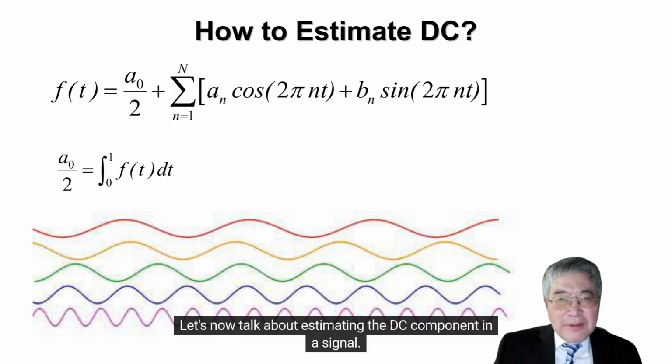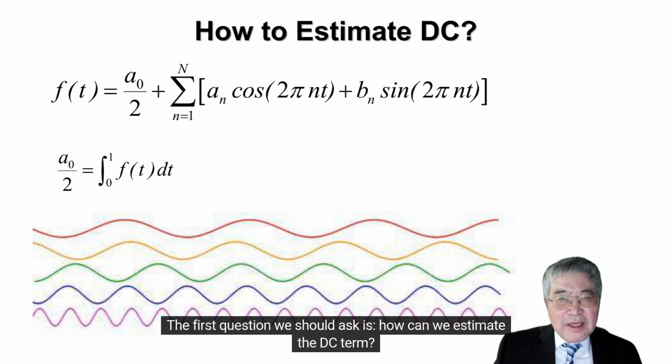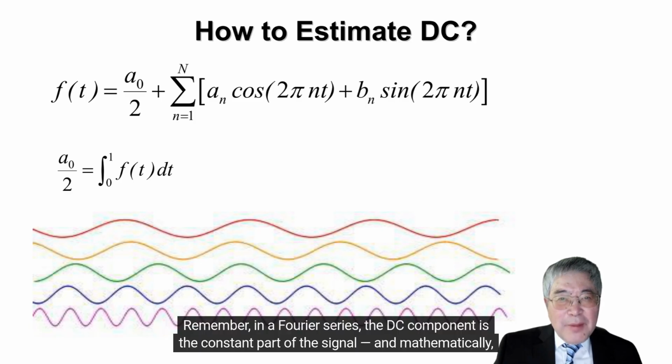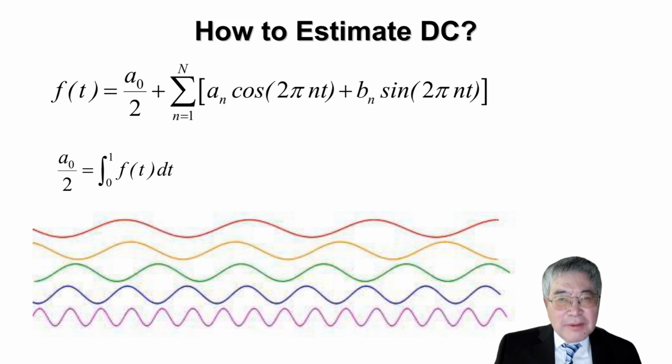Let's now talk about estimating the DC component in a signal. Suppose we have a continuous function and we sample it over the interval from 0 to 1. The first question we should ask is, how can we estimate the DC term? Remember, in a Fourier series, the DC component is the constant part of the signal, and mathematically, it's given by the average value of the function over one full period.